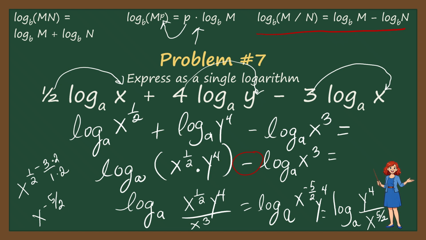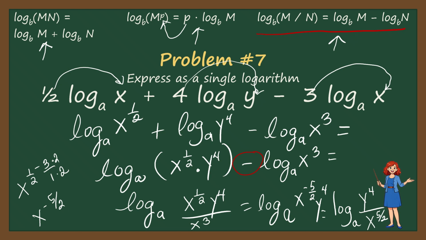Okay? So that is how we would do those problems. Note, we had to use the power rule, then the product rule, and then the quotient rule. As you can see, the only thing we're doing is applying those rules.